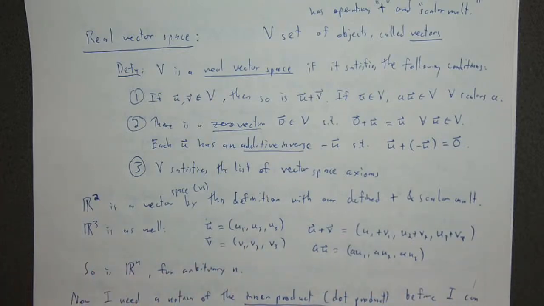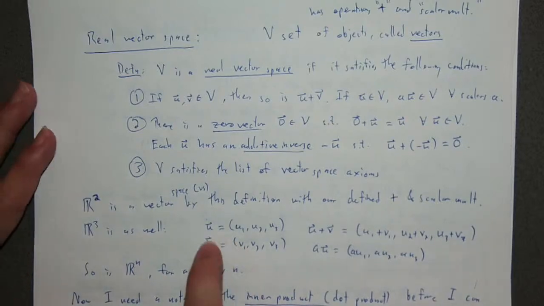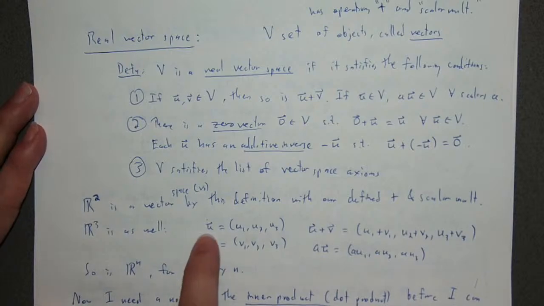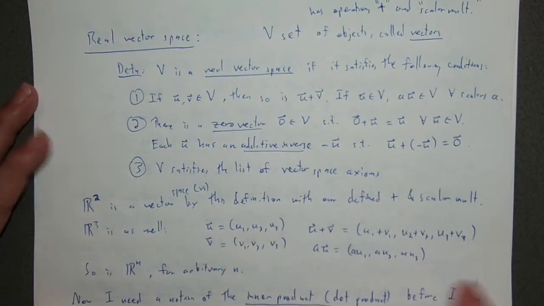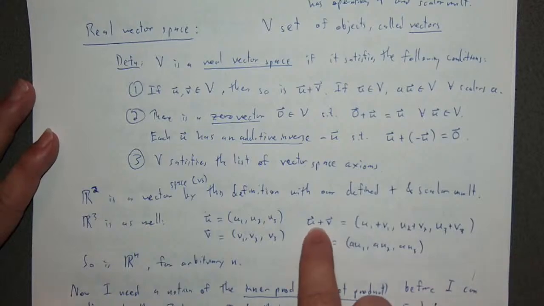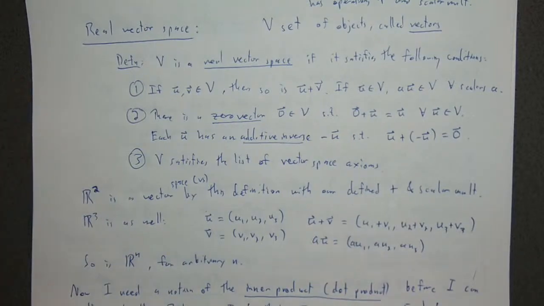By virtue of the same fact, if you now define vectors U and V to be ordered triples, right? So points in space, define analogously vector sum and scalar multiplication. What do you get? Well, you get that R3 is also a vector space.